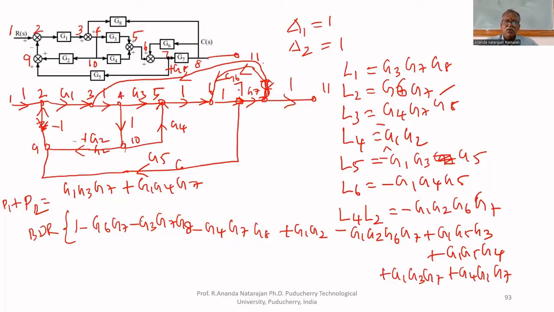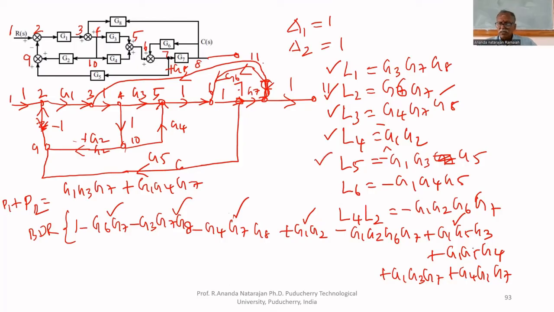Here, whatever we got as L1 we will tick. G1, G2 we got. G3, G7, G8 we got. G6, G7, that is also we got. G4, G7, G8 we got. G1, G3, G5, that is also we got.